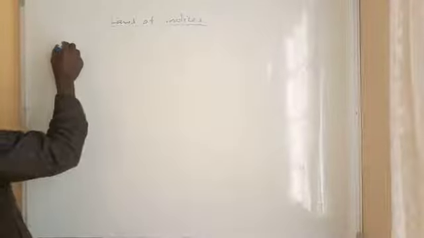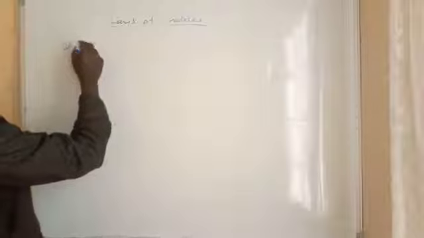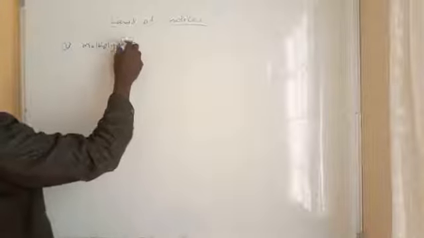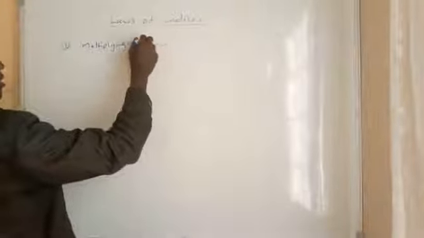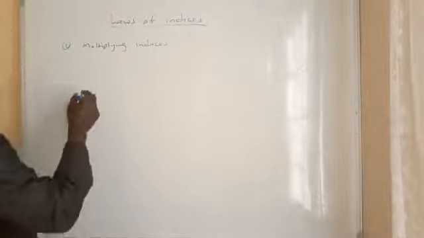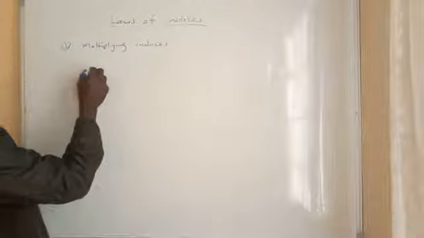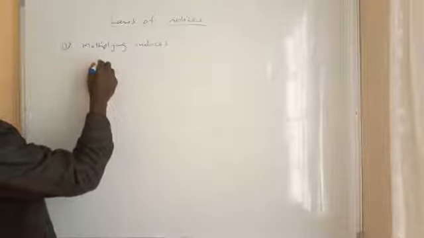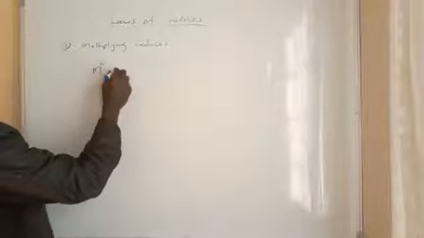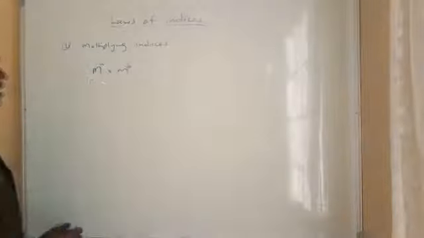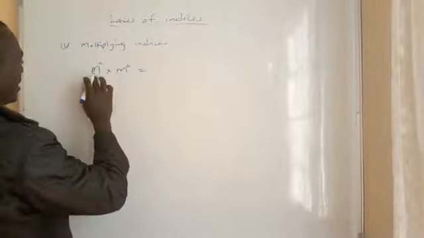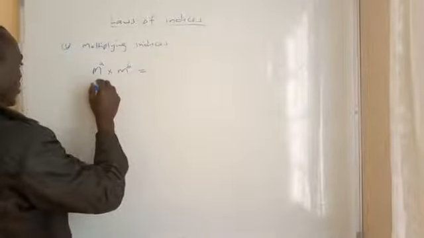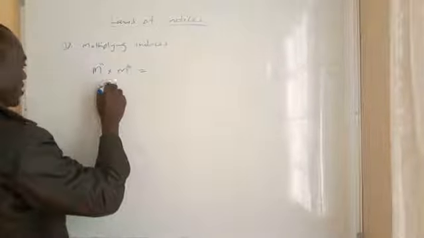Law number 1, we have the multiplying law, that is multiplying indices, which says, if I have, for example, m power a times m power b, then this law says that if the bases are the same, this is m and m, base m, so the law applies only if we have the same base.